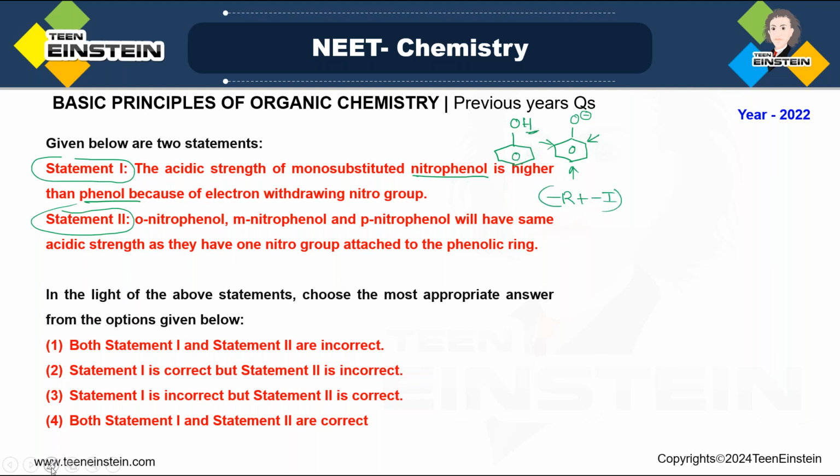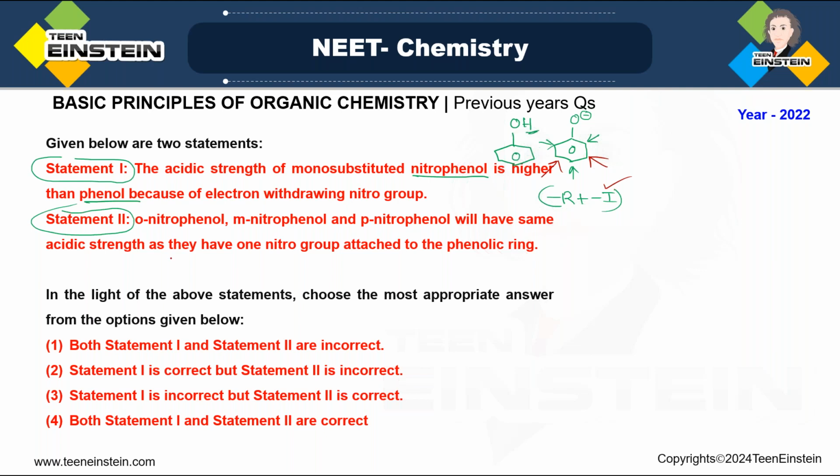But when NO2 group is present at meta position, then it will be able to show only minus I effect. But whatever it is, still it is some electron withdrawing effect. So when there is no NO2, it is simple phenol. And when there is NO2, irrespective of its position, it will always increase the acidity. So statement 1 must be true. Now come to statement 2.